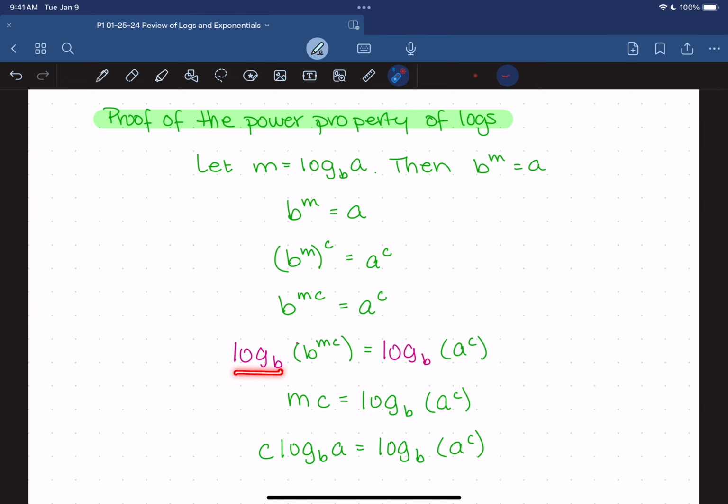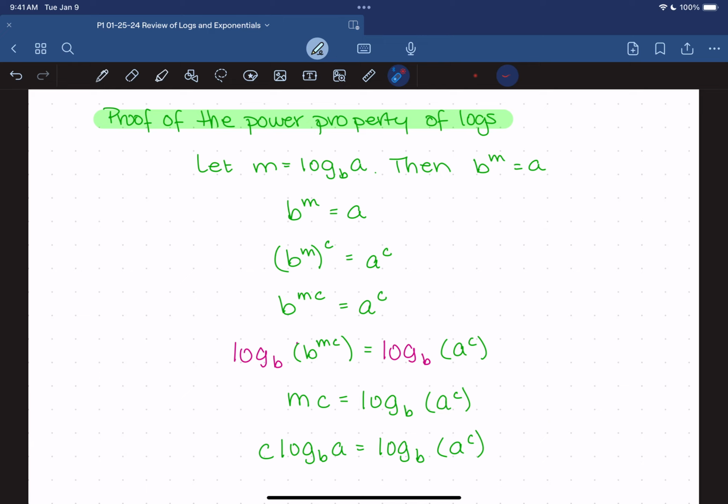Now I'm going to take the log base b of both sides. The base of the log matches the base of the exponent, so they cancel out. This side, they stay the same. And then we know that m is log base b of a. And that is our power property.